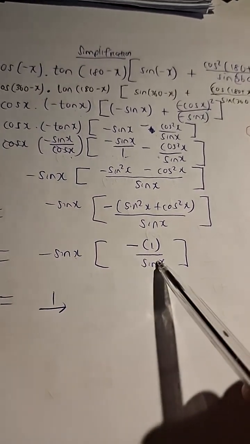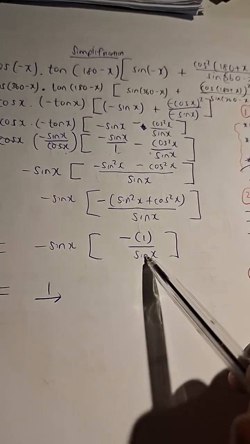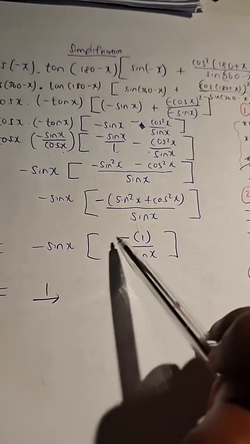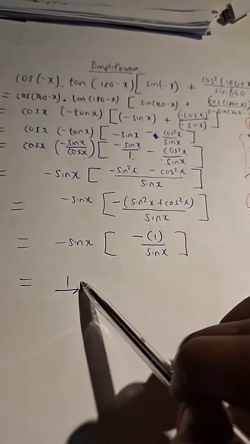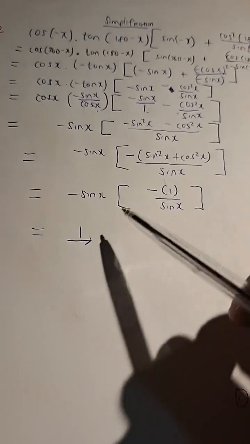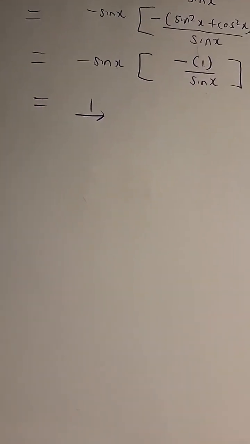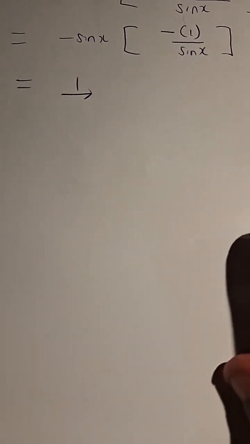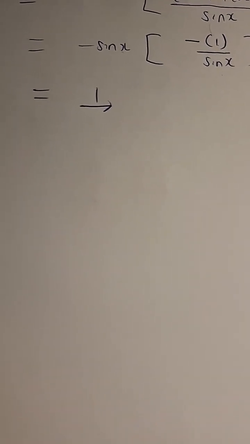And this sine x and this sine x, they cancel each other. Negative times a negative gives you a positive, and obviously it's positive 1. So that is the answer, 1, which is a beautiful one.